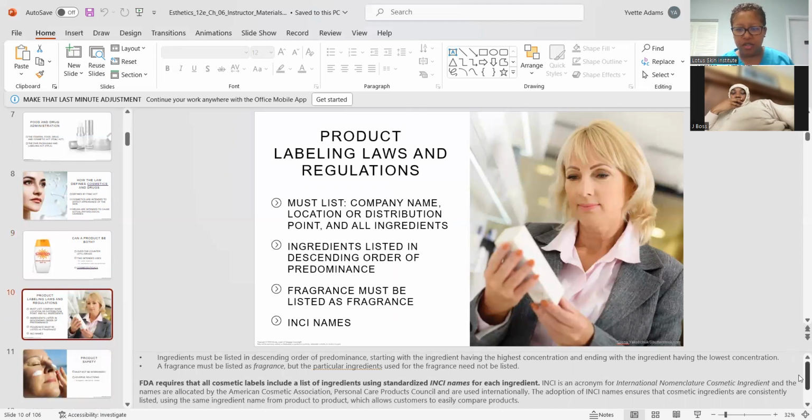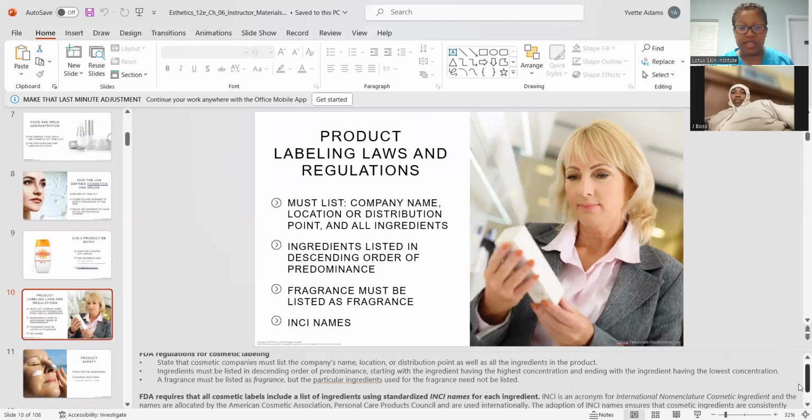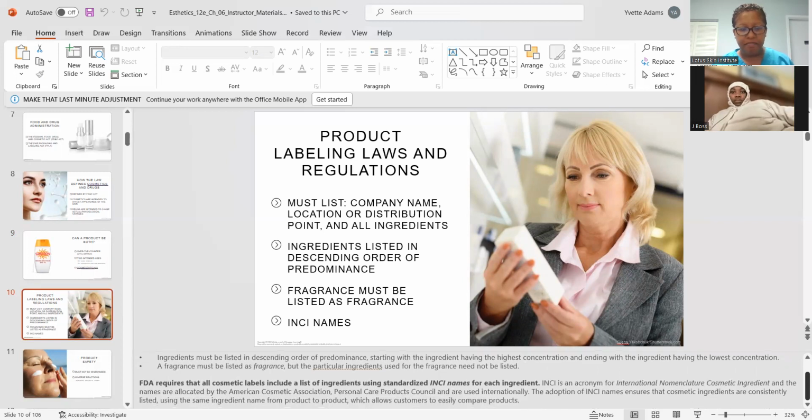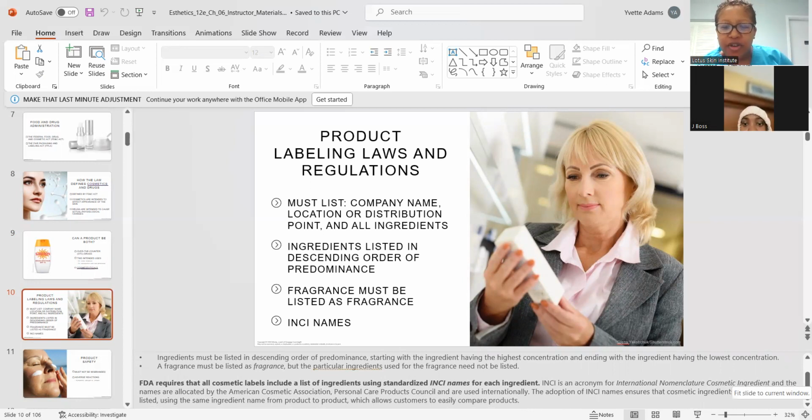Product labeling, I want you to go back and read through all of this. But the most important thing I think on this slide is the last thing, which is an INCI name. The FDA requires that all cosmetic labels include a list of ingredients using standardized INCI names for each ingredient.